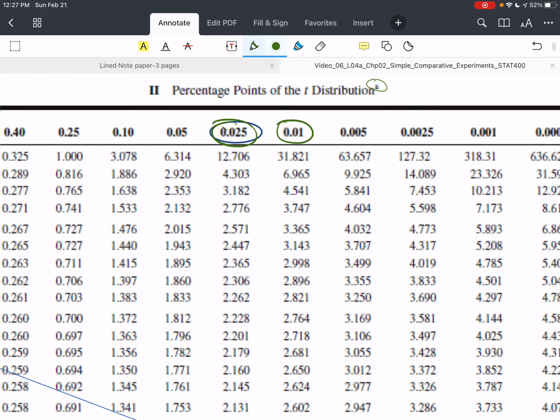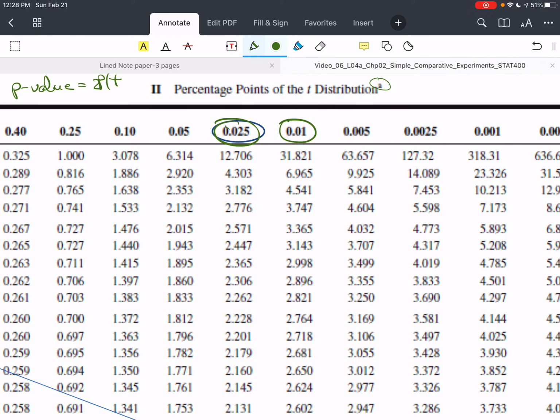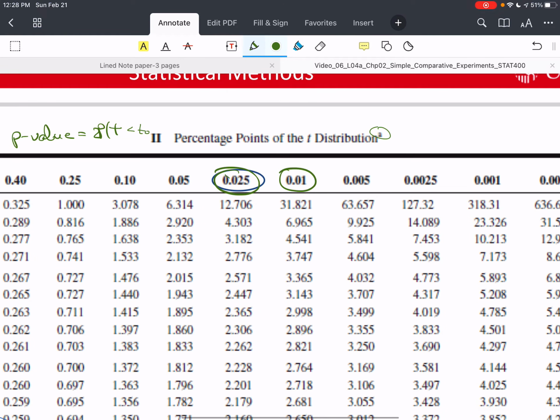Because remember that the p-value for a not equal to, or two-sided, test is equal to 2 times the probability, in this case, that T is less than T naught. Remember, our T naught is negative, so it has to be less than here. Okay?